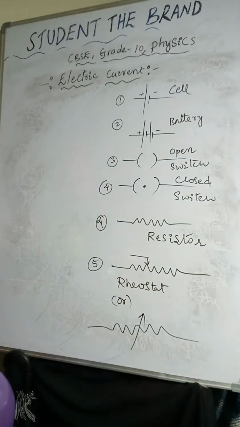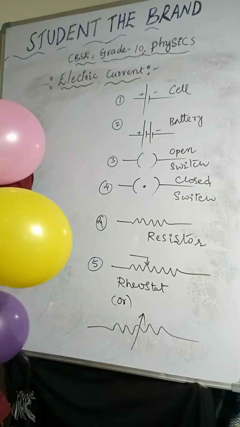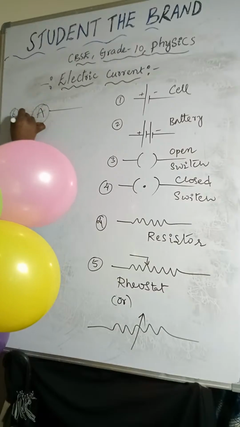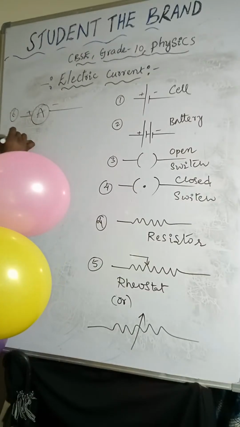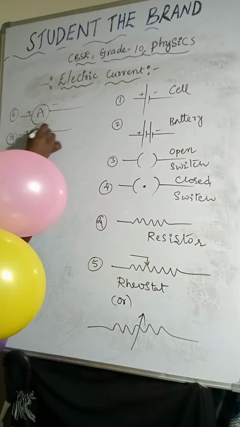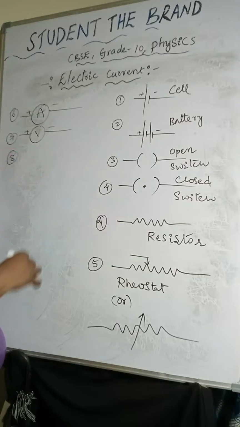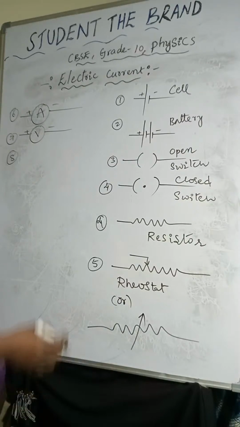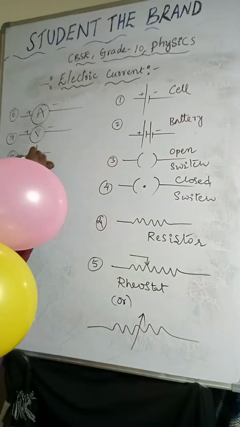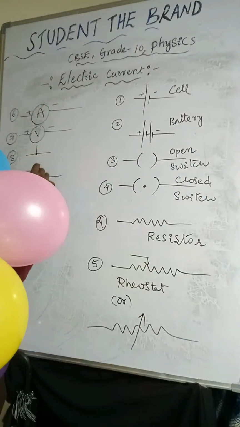Next, ammeter. Seventh one, voltmeter. And wire joining. Ninth one, wire crossing.